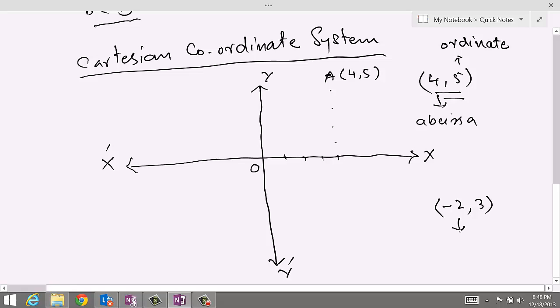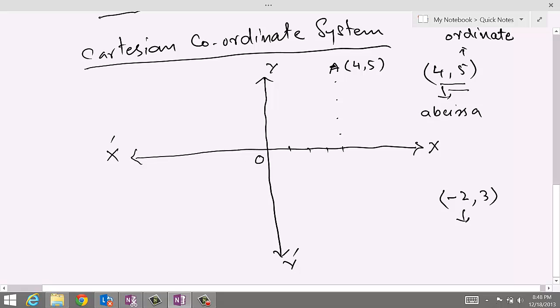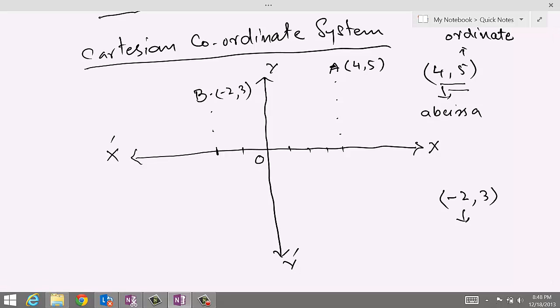Abscissa is negative, so we go 1 and 2 toward left, and then 3 is positive, so we go 1, 2, 3, and that's where we end up, (-2, 3). Let's name this point B. Now this whole plane is divided, as you can see, into 4 parts. This positive x, positive y region is called the first quadrant.